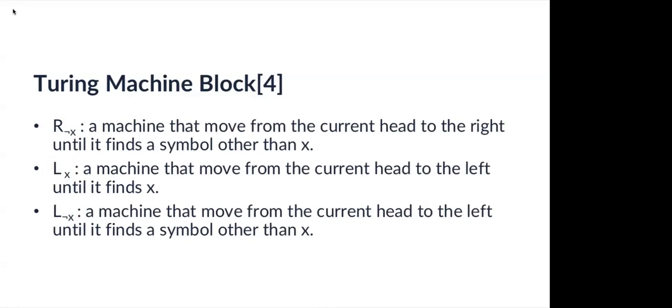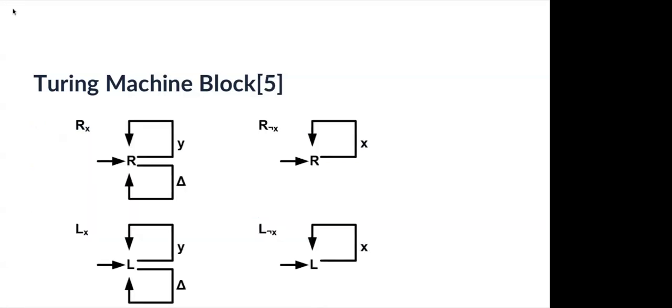Okay. So this is the building block for the previous machine. For Rx, it is moving to the right until we find X. Negation X means we move to the right until we find something that is not X. This is for Lx, and this is for L not X.